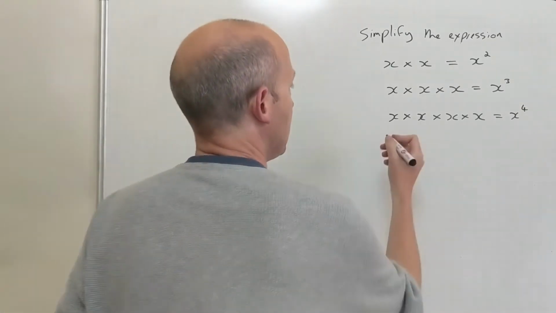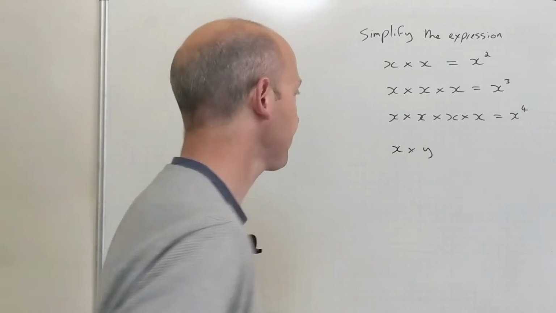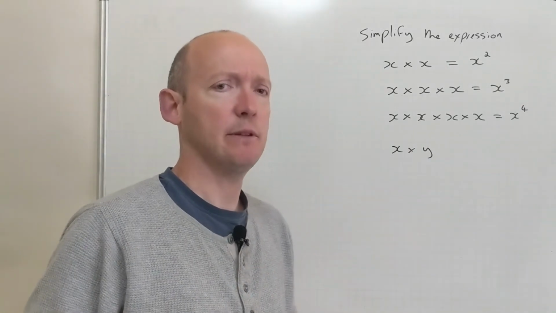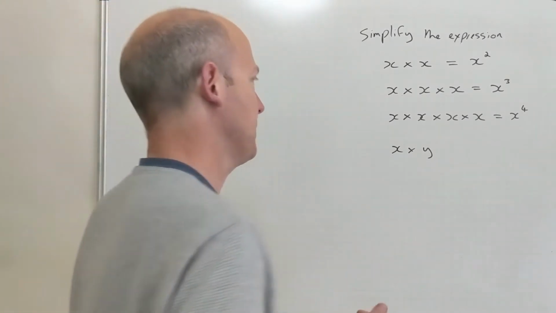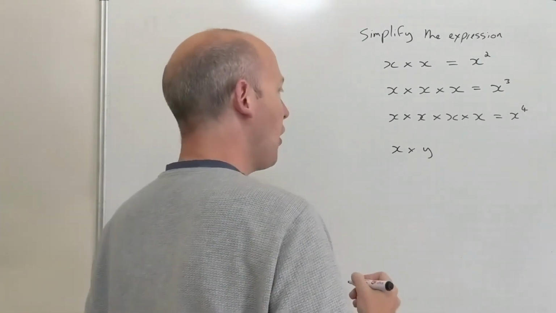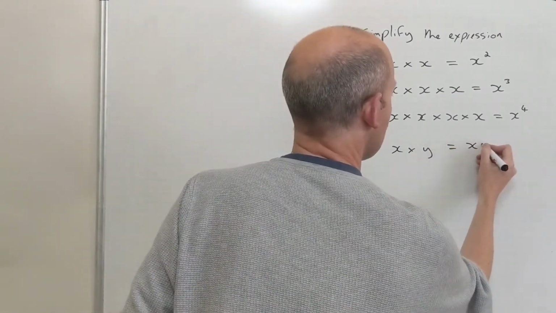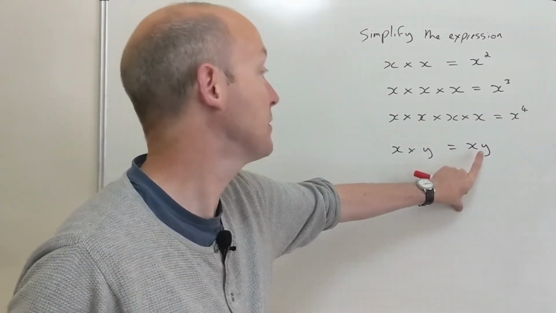Okay, what about something like x times y? Well, there's not a huge amount we can do here. We can't massively simplify that, but we can do one little thing. In maths and algebra particularly, multiply is often invisible. We don't need it. If you see xy, we can read that as x times y.